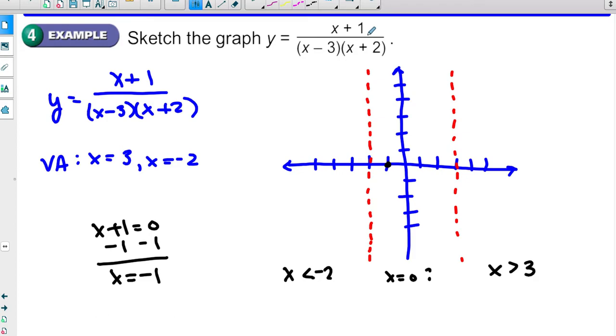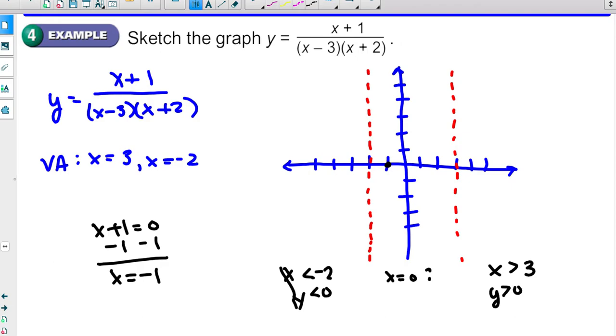So you have a negative over a negative times a negative, so a negative over a positive. Y is negative, so y is less than 0. And then over here, x is greater than 3, so this would be positive, this positive, and this positive. So you have a positive over positive, so y is greater than 0.